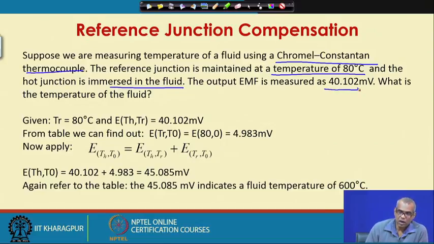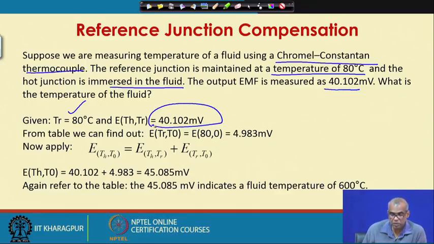So, what is the temperature of the fluid? All I need to do is find out what the correction factor will be. What is given? The reference temperature is 80 degree Celsius, and the EMF produced between the hot junction temperature and the 80 degree Celsius temperature is 40.102 millivolt, that is the output of the thermocouple's millivolt meter. Now, I need to find out what the EMF would be if I put the thermocouple between the reference temperature of 80 degree Celsius and 0 degree Celsius.